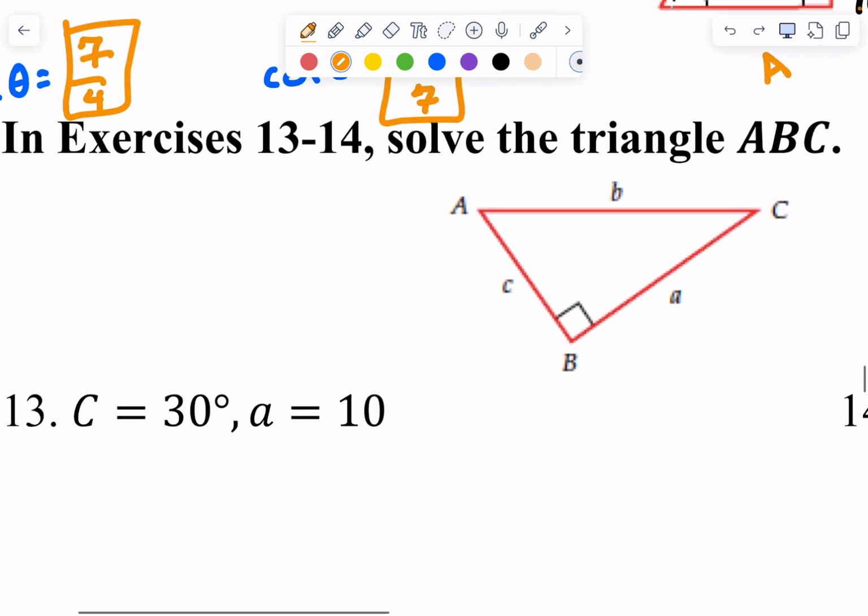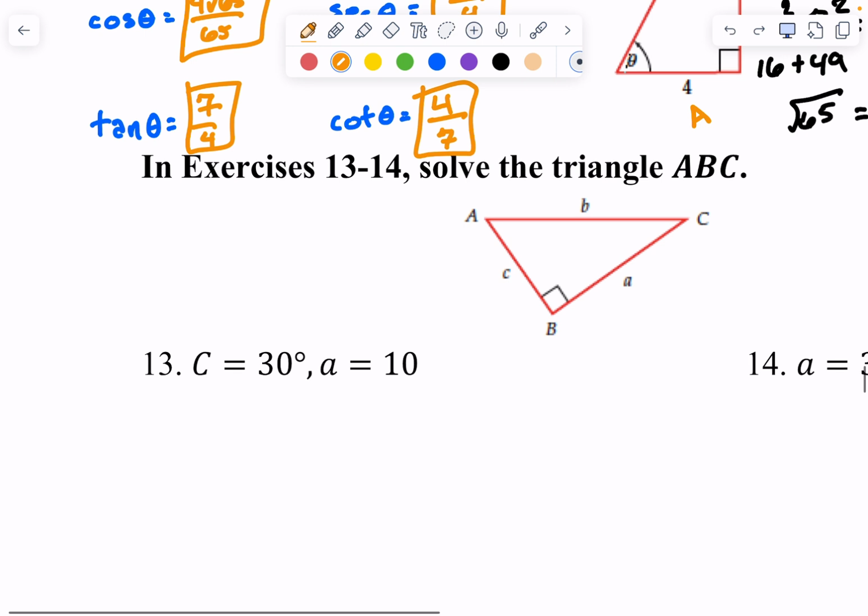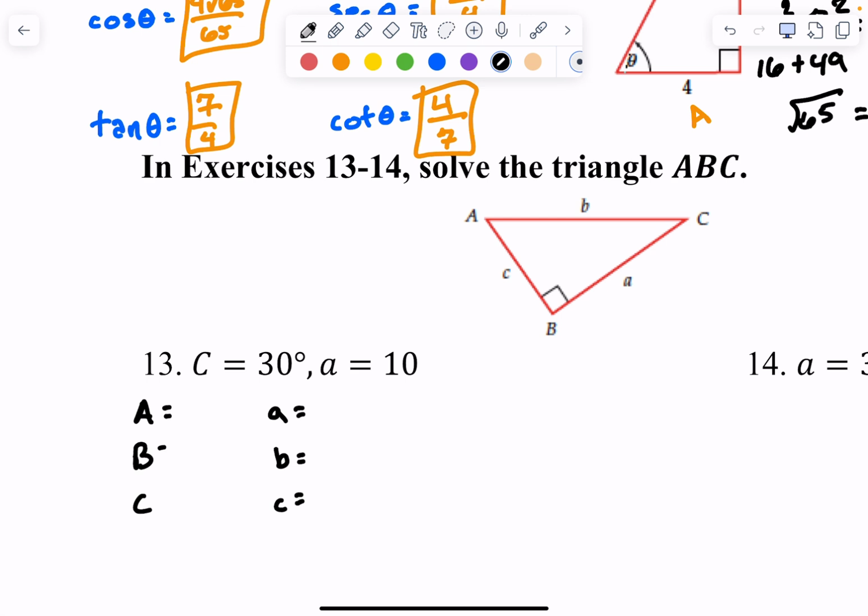Oh, shucks. But this one says solve the triangle. So we need all the things: capital A, capital B, capital C, lowercase a, lowercase b, lowercase c. This is the icky part, but it's not too bad.